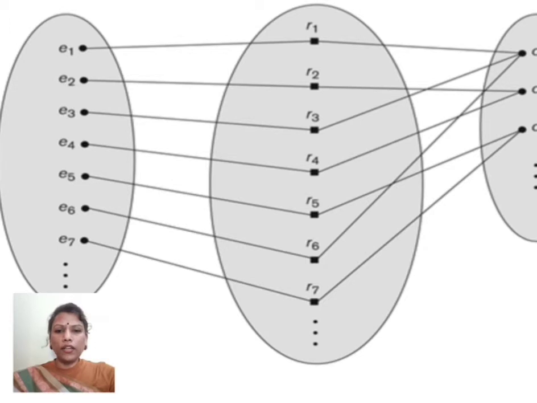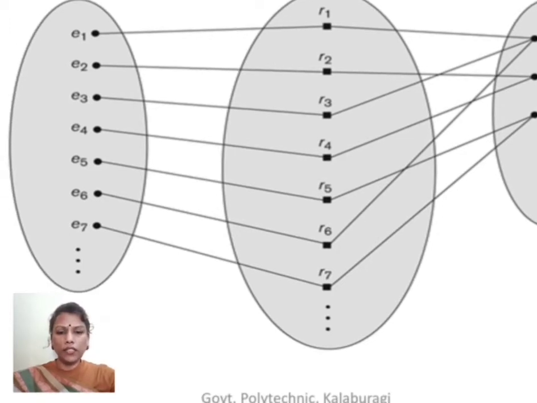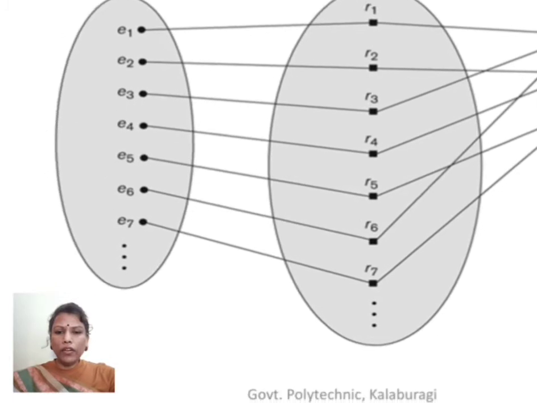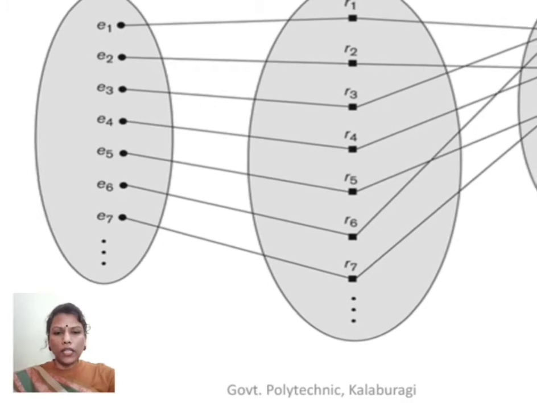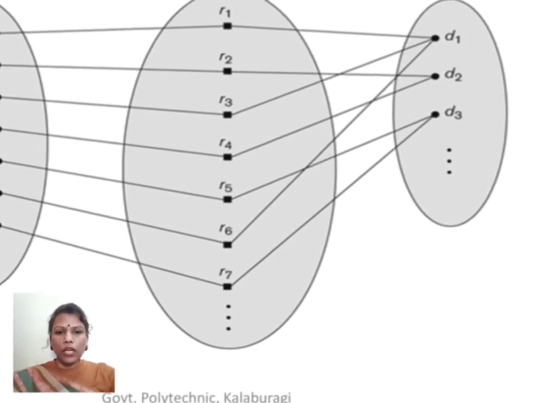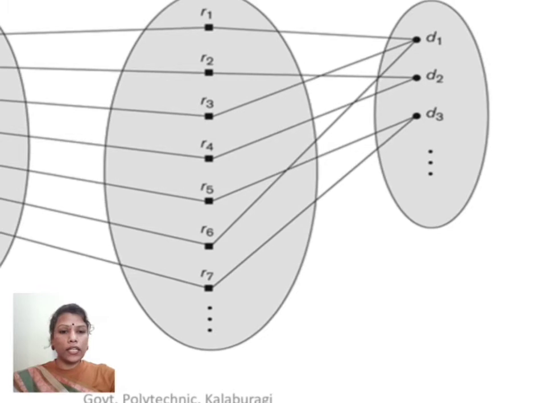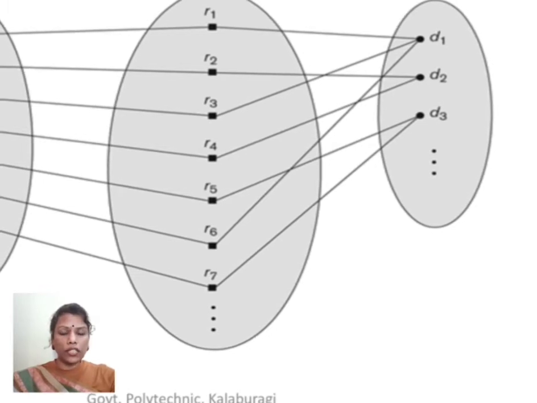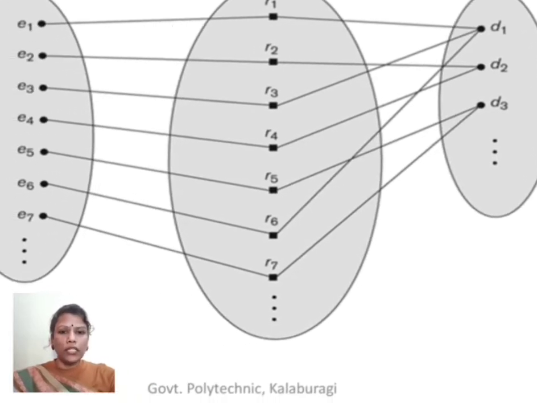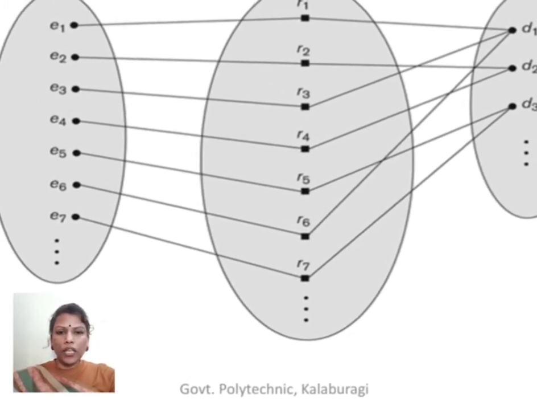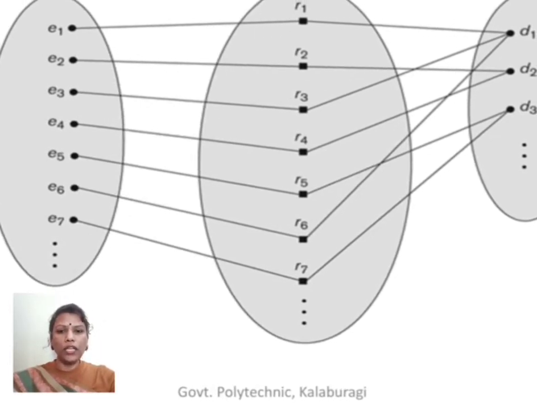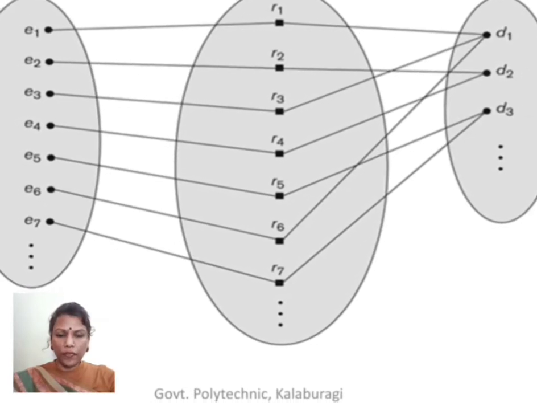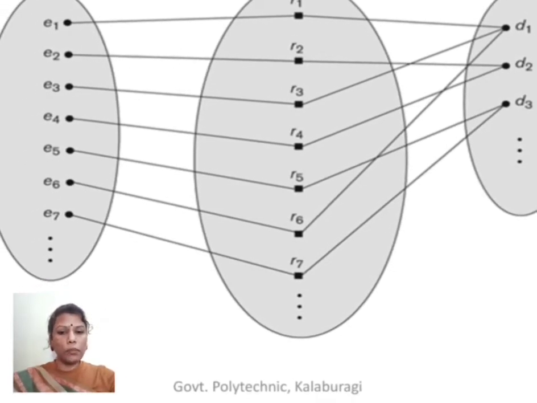And the relationship instances are, see here, E1 is an entity instance inside employee entity type that is related to D1, the entity instance of department entity type. R1 is nothing but the association between E1 and D1. That is nothing but the relationship instance.